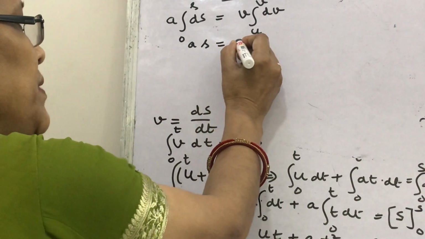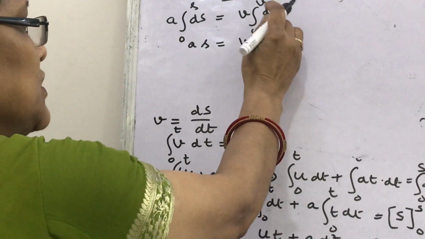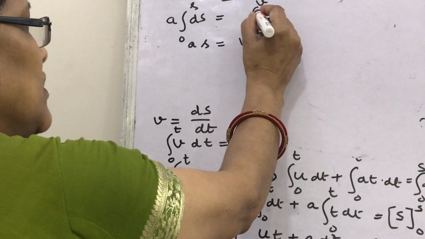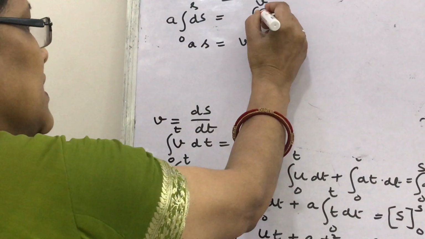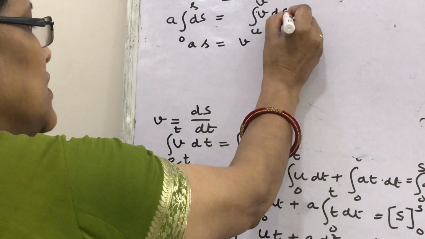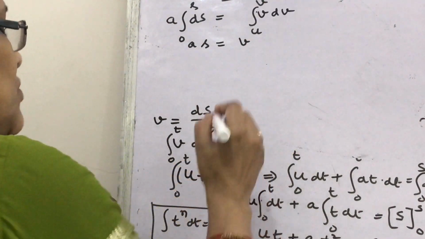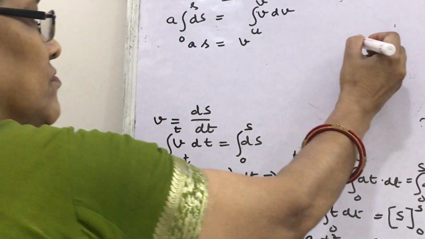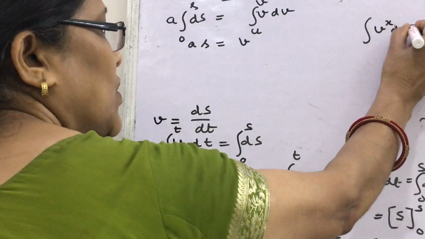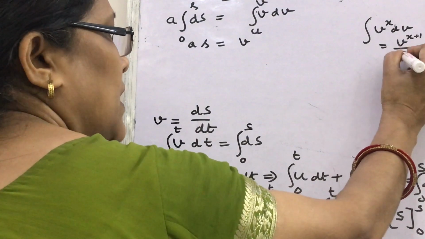Here within the bracket this is v dv. Then what will you write? v is not taken outside the integration sign because it is changing from u to v, it is not constant. So what will you write? v dv, from this rule that v to the power x dv equal to v to the power x plus 1 upon x plus 1.